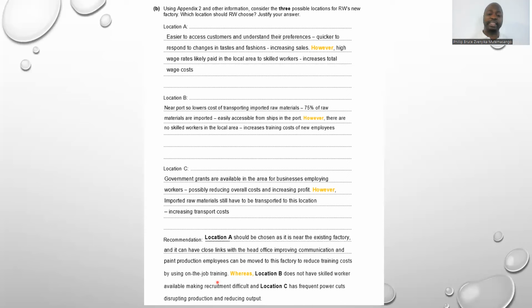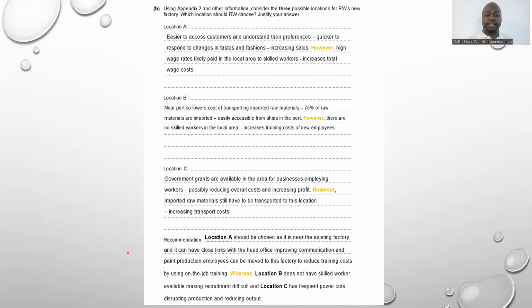And then what? This may disrupt production and reduce the output. So that's another drawback for location C that you may give in order to clearly give a good recommendation and show why you are rejecting the other two locations.